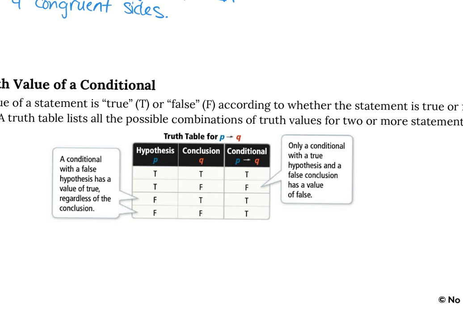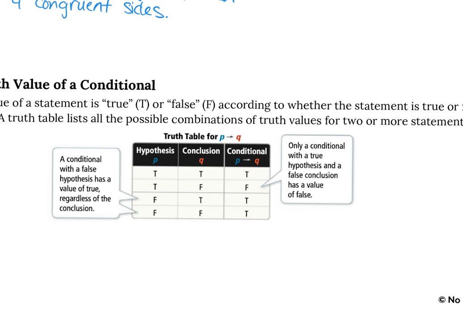If my hypothesis is true, but my conclusion is not true, then the entire statement is false. If my hypothesis is false, but my conclusion is true, then the conditional is true. And if both my hypothesis and my conclusion are false, then my conditional is true.